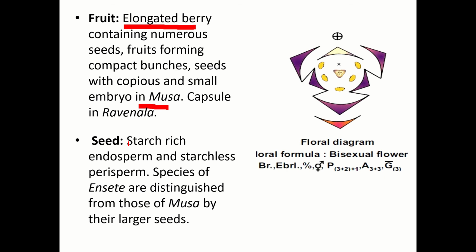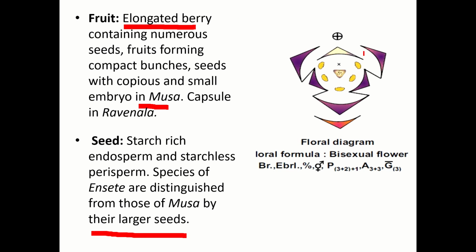Seeds are starchy, with starch-rich endosperm and starchless perisperm. They are hard, arillate, deeply colored. Species of Ensete are distinguished from those of Musa by their larger seeds.